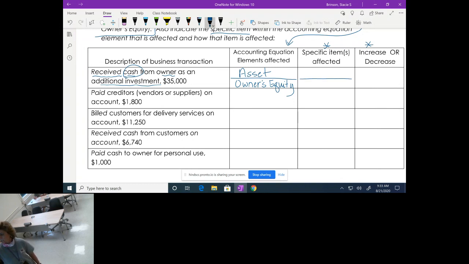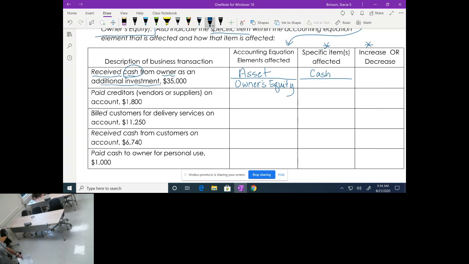We said cash, and what we're going to call this is, okay, who's our owner? His name is Joel Salvo. So his owner's equity account is called Joel Salvo Capital. That's an owner's equity account.